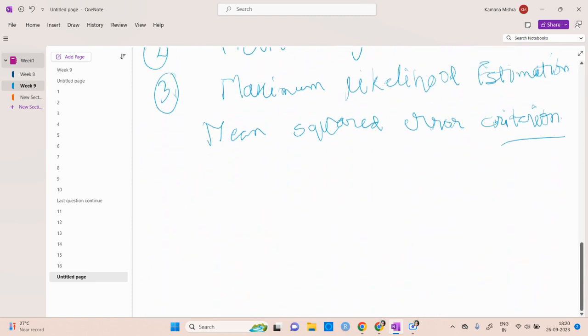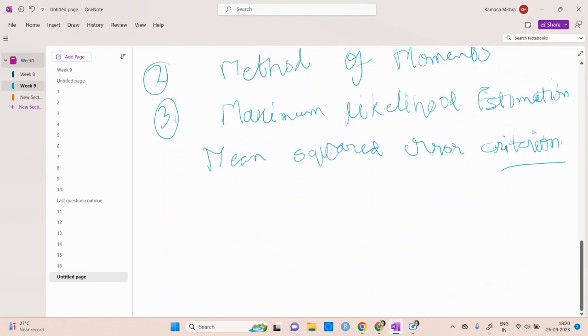So that is the criterion. Criterion means if it lies within this criterion, then we accept it, and otherwise we reject it, because too much biasness is not giving information about the population but giving misleading results. So we say that we are not going to use this estimator. For this we use mean square error estimation.